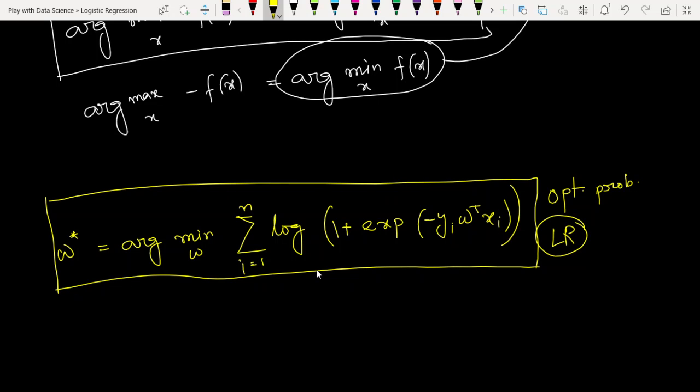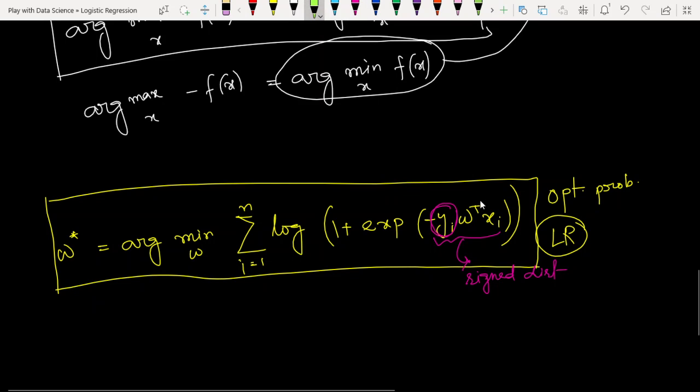So what is this function? This is called the signed distance. And what is the value of yi here?